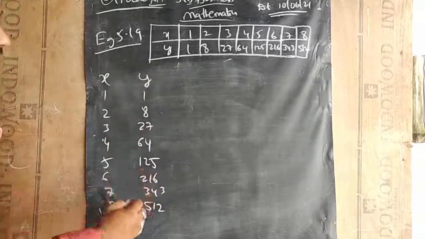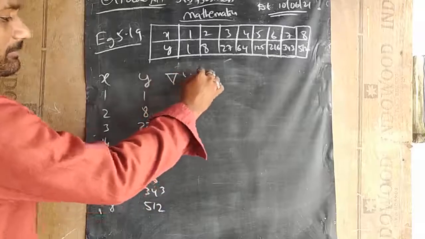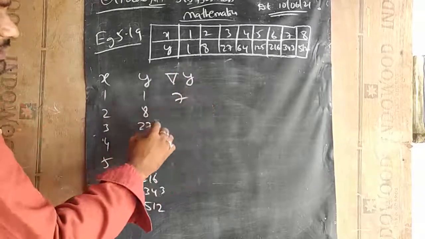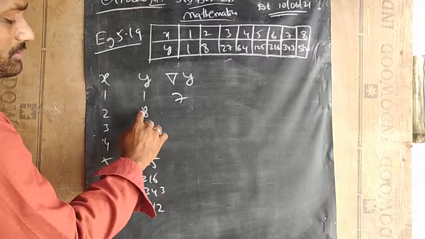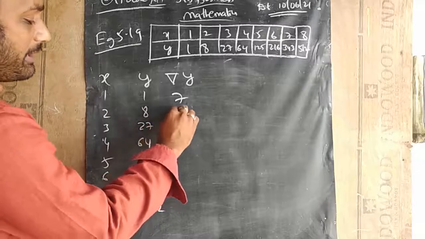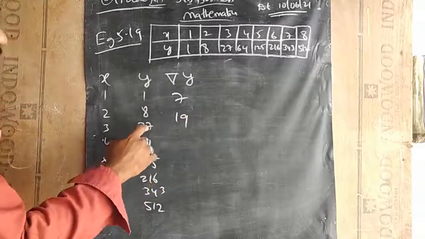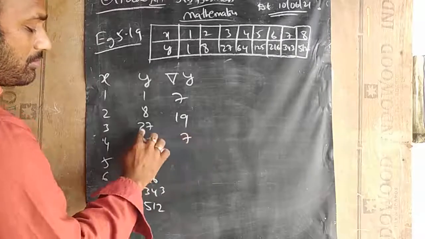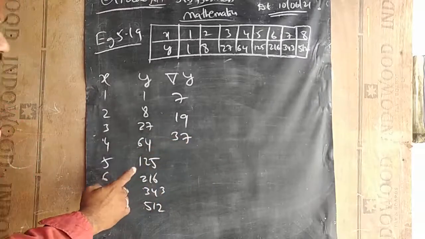That's the cubes. First delta y. So delta y means 8 minus 1, 7, 27 minus 8, 19, 64 minus 27, 37.